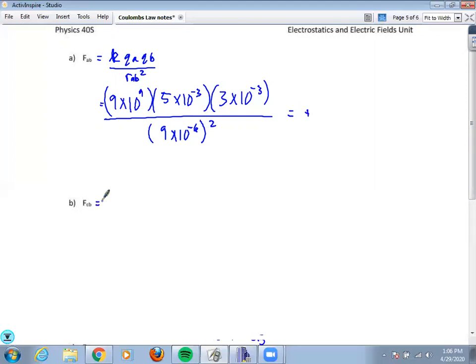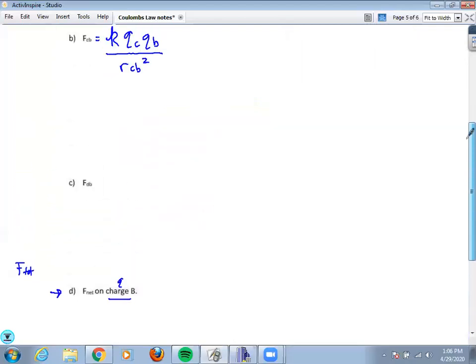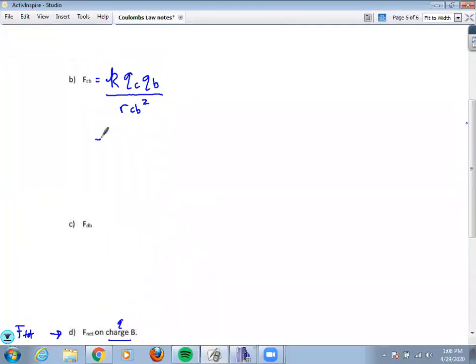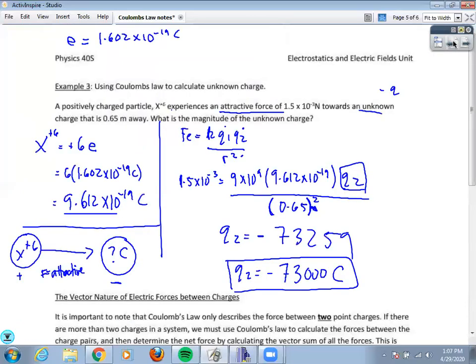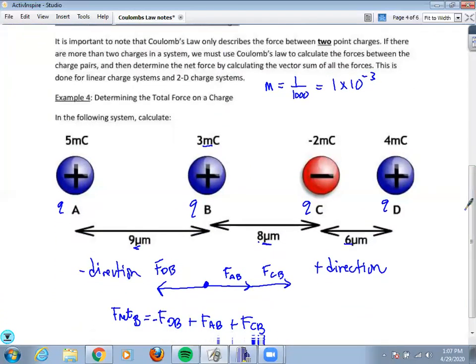Let's find the force of charge C on charge B. So FCB will equal K times QC QB over RCB squared. So that's going to equal 9 times 10 to the 9, QC and QB. QB, we already know is 3 millicoulombs, C is 2.